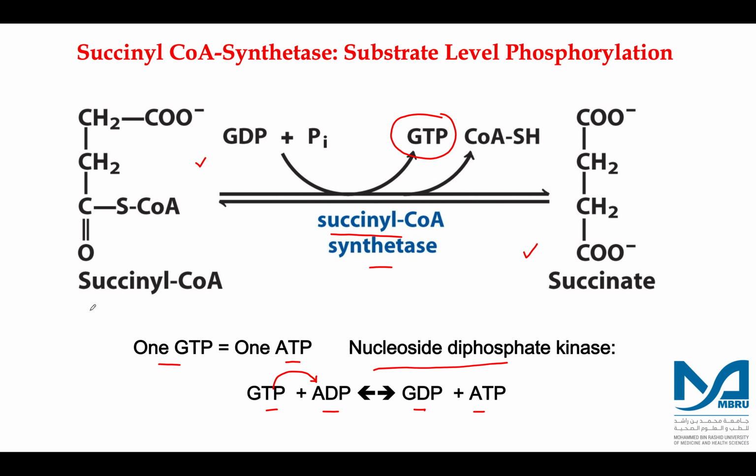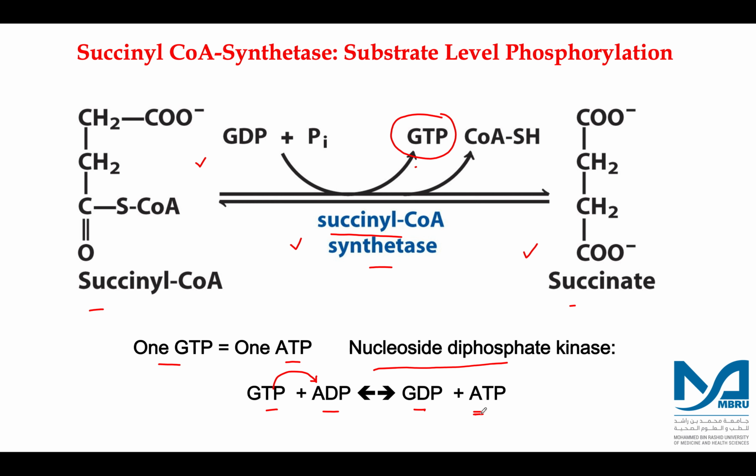So, succinyl coenzyme A is converted to succinate by the catalytic activity of succinyl coenzyme A synthetase, leading to the production of GTP, and GTP is ultimately converted to ATP. And this step in the TCA cycle, or the citric acid cycle, or the Krebs cycle, is a typical example of substrate level phosphorylation.